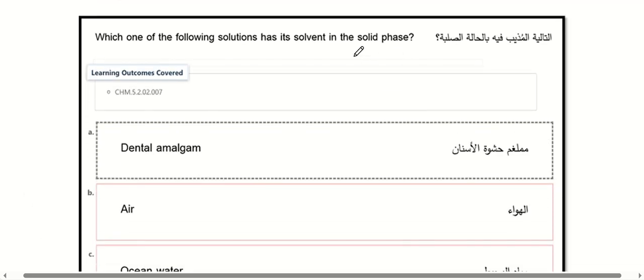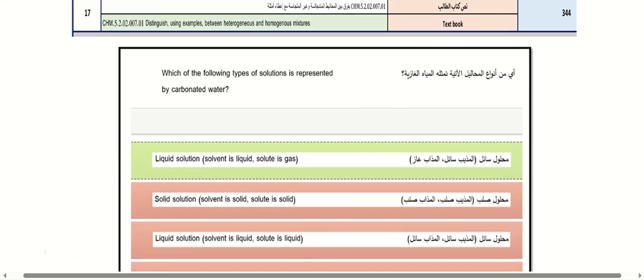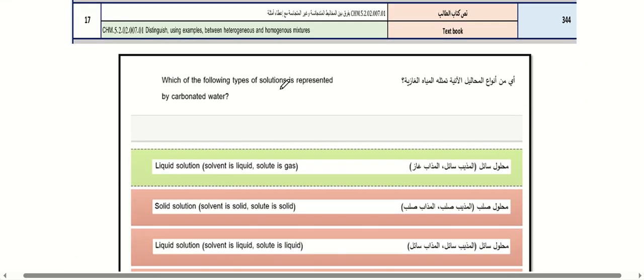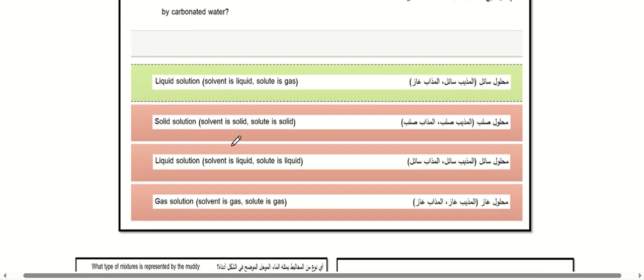Which one of the following solutions has its solvent in solid? Again it is the same question. Which of the following types of solution is represented by carbonated water? Again, the solvent is water, which is liquid, and the solute is gas. Carbonated water is a liquid solution, not solid.